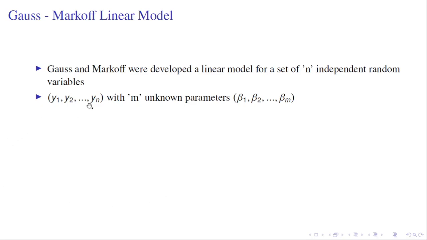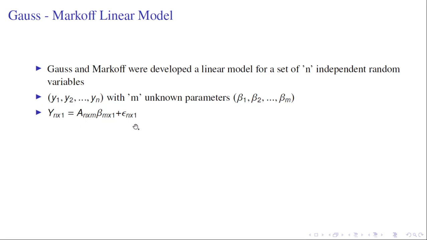Let y1, y2, ..., yn be a random sample with m unknown parameters beta1, beta2, ..., betam. Here y is an n by 1 vector equal to A, an n by m matrix, times beta, an m by 1 vector, plus epsilon, an n by 1 vector.